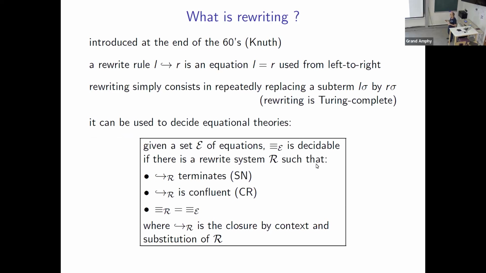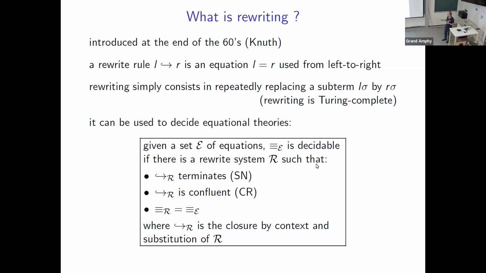It's a theory that was introduced in the 60s, especially by Knuth, in order to solve problems in equational theory. A rewrite rule is nothing but an equation that you use only from left to right, an oriented equation. The idea of rewriting is to apply these rules as long as you can in order to simplify some expression until you reach, hopefully, a normal form.